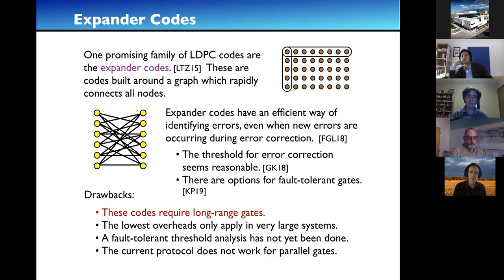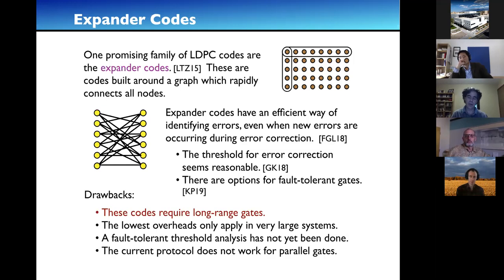But that result only applies for systems that are very, very, very large. And so we need to have codes that work at a modest size, the size of near future quantum computers, that still have low overhead. That's something that still needs to be done. And like I said, we haven't fully analyzed the fault-tolerant protocols for these codes. So it might be that a lot of the advantages disappear when you do that.